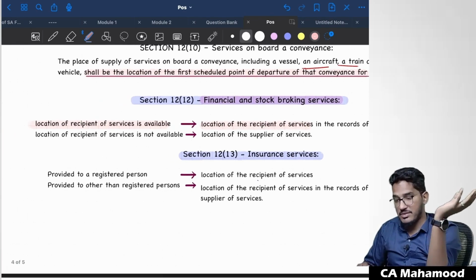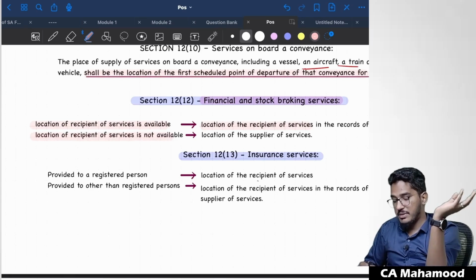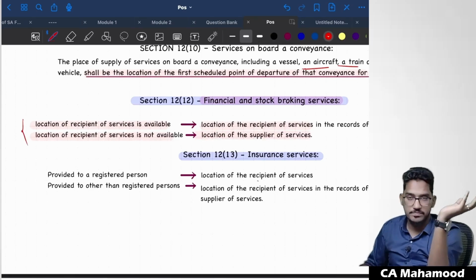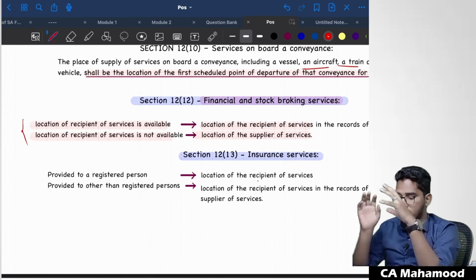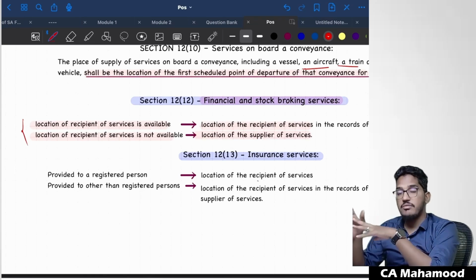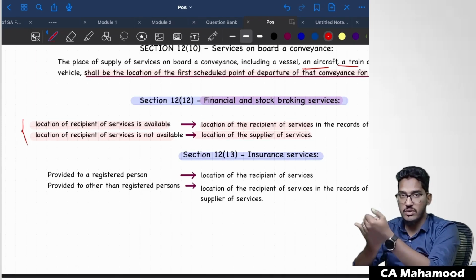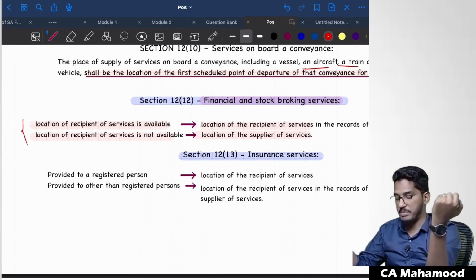Sir, if in the supplier's records there is no location of the recipient available, then the location of the supplier of services. This is a very simple thing. Able to understand? So for financial and stock broking services, we need to check whether the address of the recipient is available in the supplier's records. If it is available, location of the recipient. If it is not available, location of the supplier.